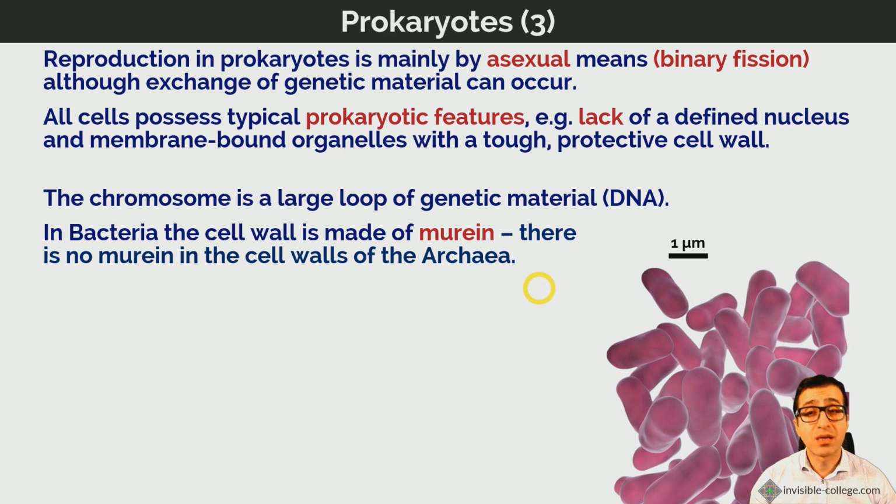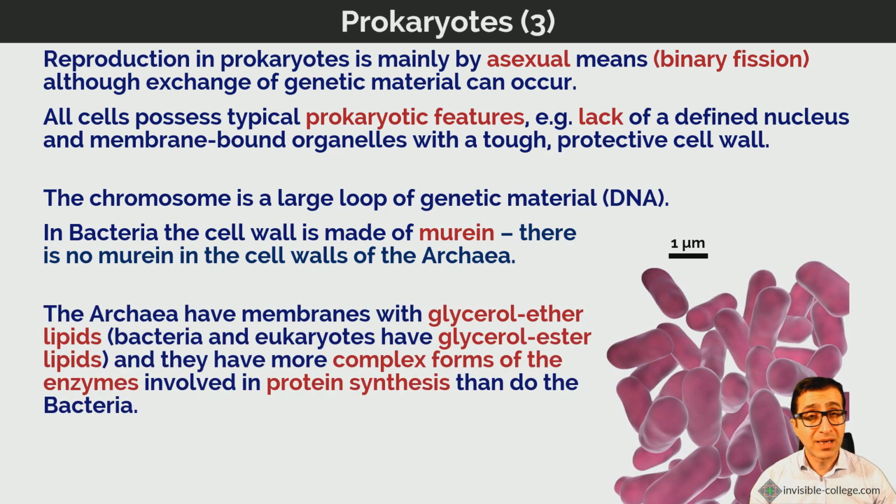They are glycerol ether lipids, and this makes them more stable and less susceptible to being disrupted in high temperatures and other extreme environments. They also have more complex forms of the enzymes involved in protein synthesis than their prokaryotic cousins, the bacteria.